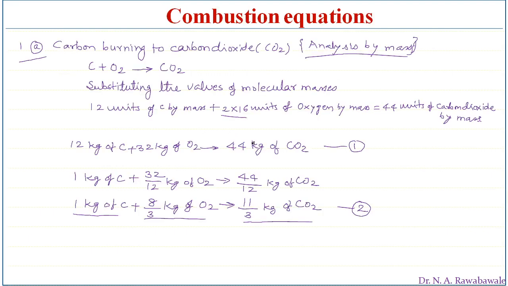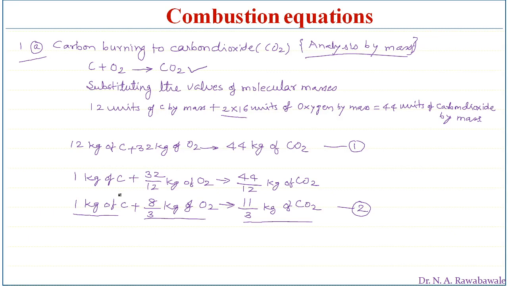Now coming to the next aspect, how much oxygen is required for combustion of 1 kg of carbon and how much carbon dioxide is produced. We have discussed that in the previous lecture. Combustion of carbon takes place in presence of oxygen to produce carbon dioxide. There are two kinds of combustion of carbon. In the first, carbon burns completely to carbon dioxide, and in the second, carbon burns to carbon monoxide.